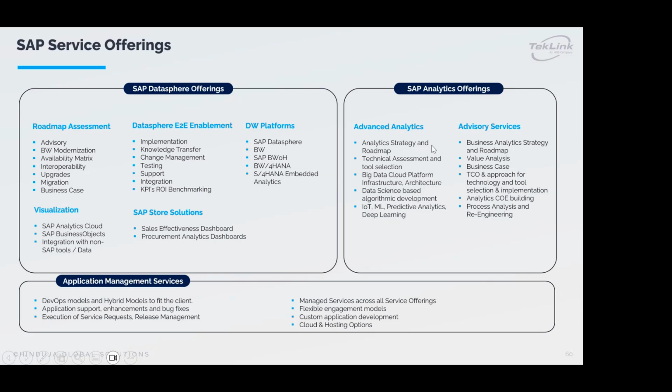When it comes to analytics offerings, apart from DataSphere, what else do we do? We do advanced analytics like big data and data science in the SAP landscape, and also IoT, ML, and predictive analytics. As far as advisory services are concerned, apart from the DataSphere advisory services, we help with your analytics strategy and roadmap, value analysis, TCO, and technology approach in the non-DataSphere part of SAP.